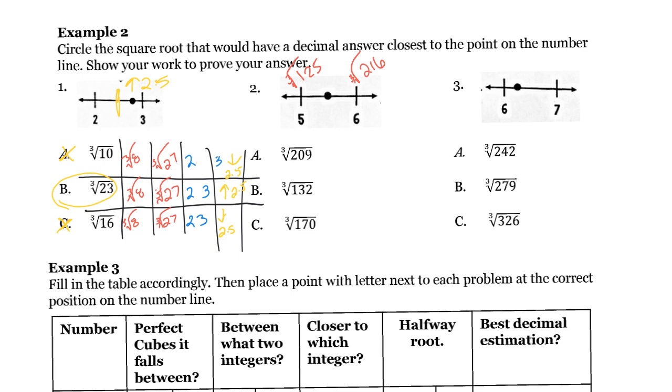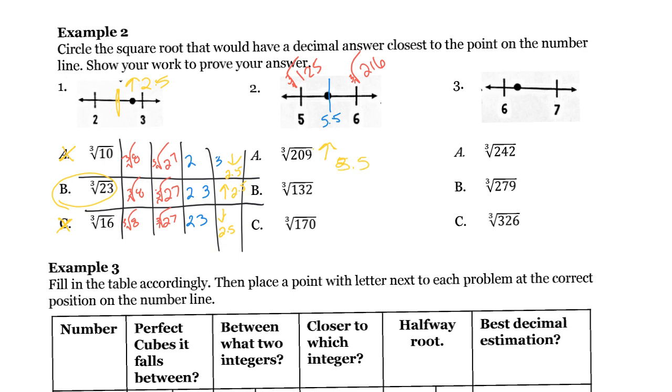Okay, well, in this case, all 3 of them are. But this dot is in the middle. This is about 5.5. So I'm going to look and see, is 216 above or below that? 216 is above 5.5, sorry.